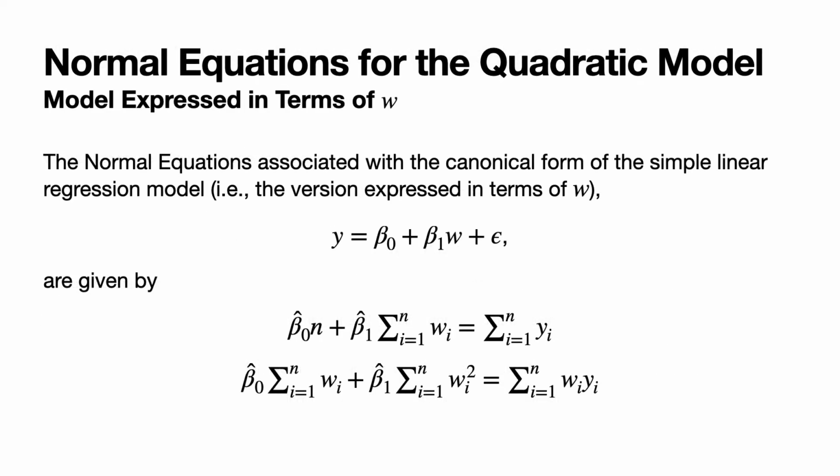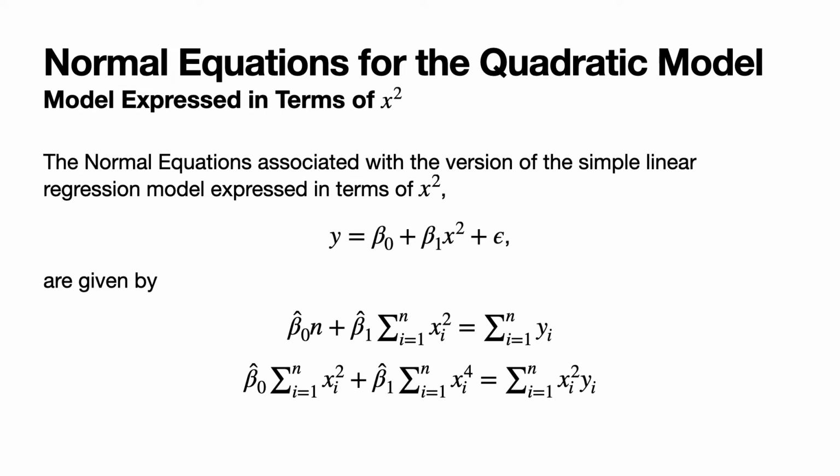The normal equations associated with the canonical form of the simple linear regression model, that is, the version expressed in terms of w, are shown on the bottom of the slide here, and they involve the sum of the w's, the sum of the squared w's. And this looks similar to the versions of the normal equations when we used x as the explanatory variable in previous development.